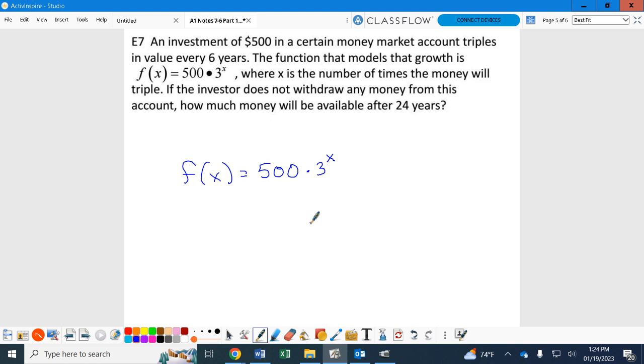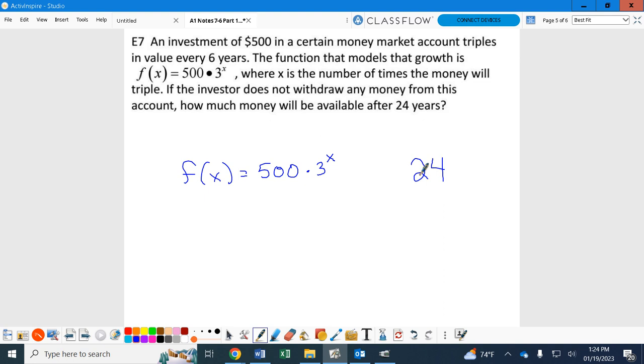Now listen to me. 24 is not the number. 6 is not the number. Your money triples every 6 years, and we're going over 24 years. So how many 6-year periods are in that 24 years?